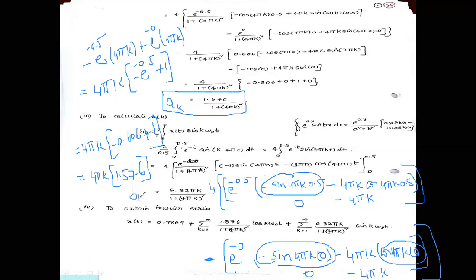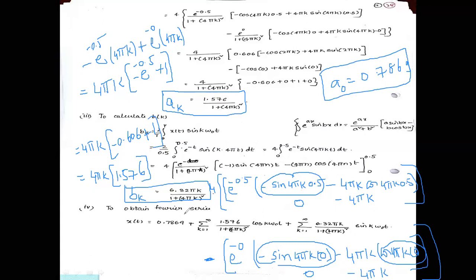Now we got a of 0 equal to 0.7869, and a of k equal to 1.576 whole divided by 1 plus 4 pi k whole square, and b of k equal to 6.32 pi k whole divided by 1 plus 4 pi k square.